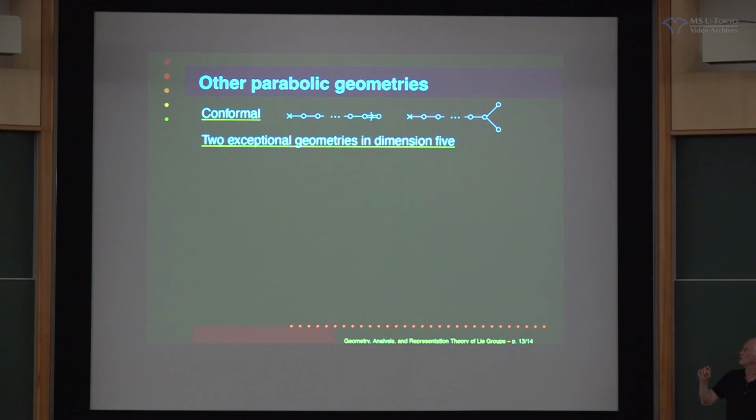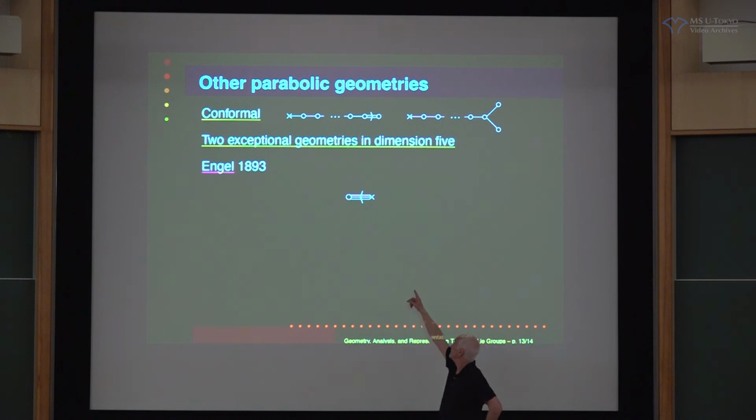Anyway, let me tell you about two others. These are really interesting geometries in dimension 5. They're classical in the sense that they go back a long way. Here's one which, from the Lie algebra point of view, now we all know about G2 and so on. We can just say it's G2 modulo this parabolic subgroup.